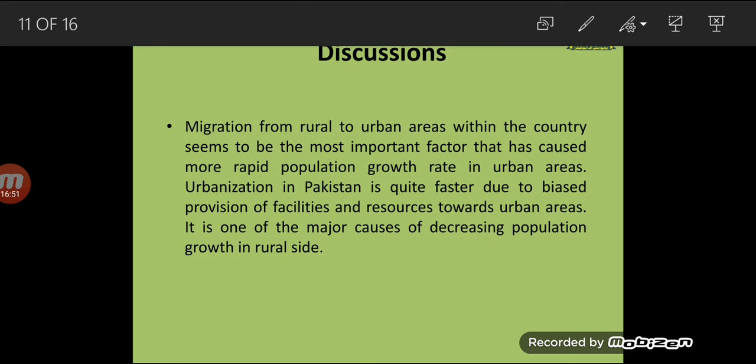Urbanization in Pakistan is quite fast due to biased provision of facilities and resources toward urban areas. It is one of the major causes of decreasing population growth in rural sites.